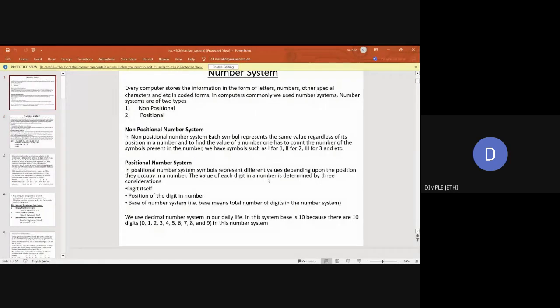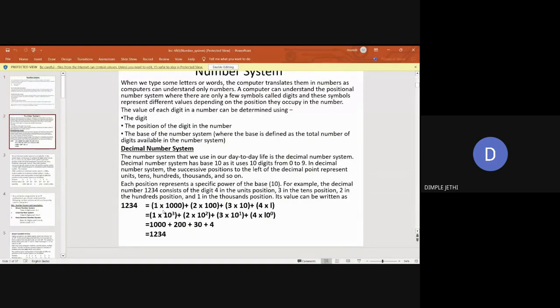And what I was explaining, the number system can be divided into two categories, positional and non-positional, right? Non-positional means the Roman numerals where position has no value, but in the positional number system, the position of the digit changes the value of the digit, right? So in the positional number system, we use 3 points. One is the digits, second is the position of the digit, third is the base of the number system. Because this is decimal, what is the base?